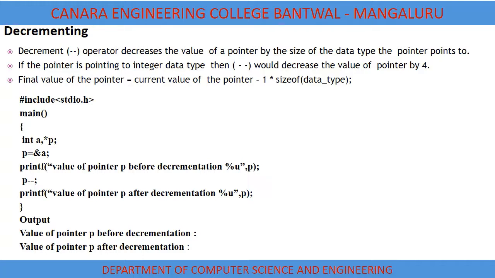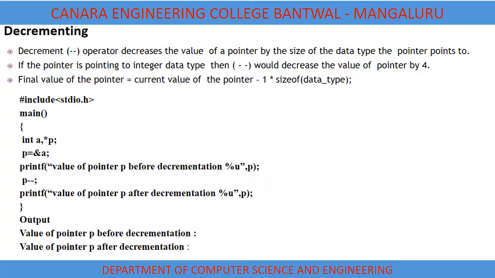We'll illustrate this with a small example. I have given a program: hash include stdio, main, started with an integer variable a followed by a pointer variable star p. We are assigning the address to the pointer variable.